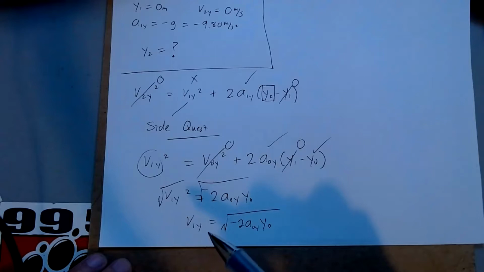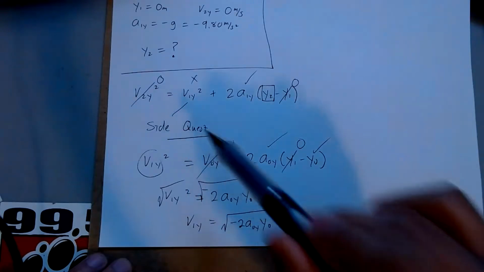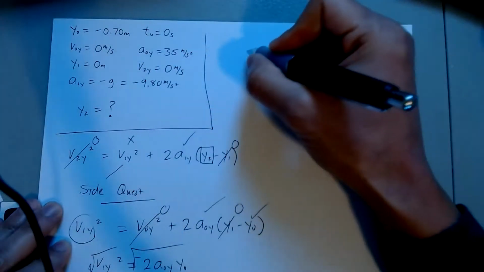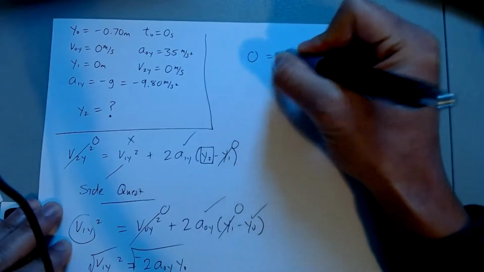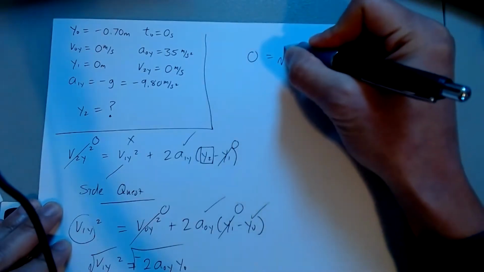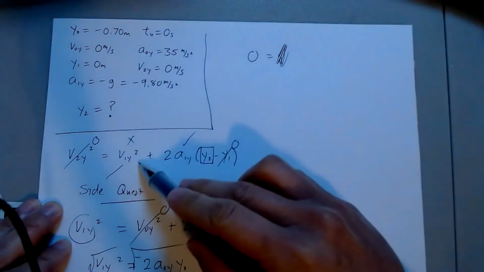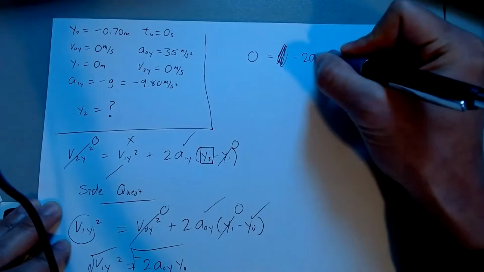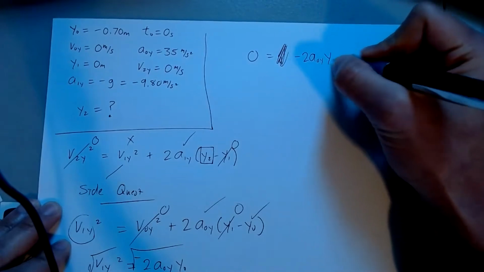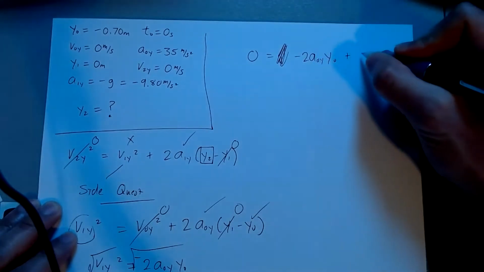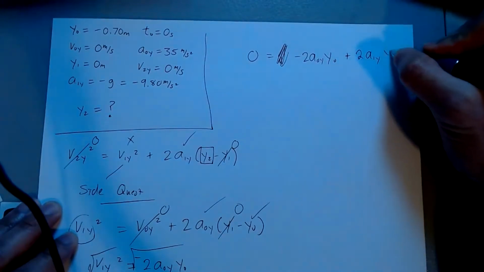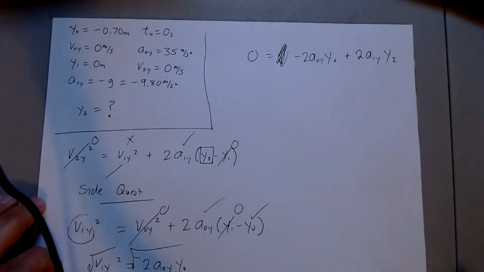So now that we have an equation for v1y, let's plug it into our main equation. With all the zeros put in, it's now going to be 0 equals, oops, this is squared, negative 2a naught y naught plus 2a1y y2. It's a mouthful.